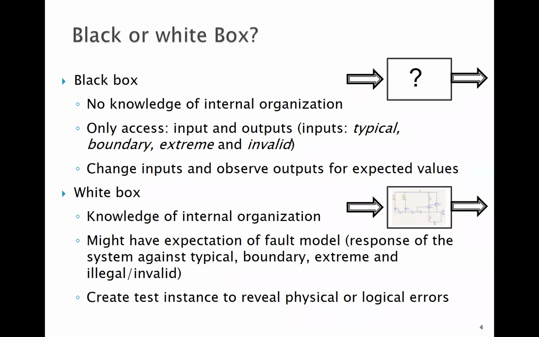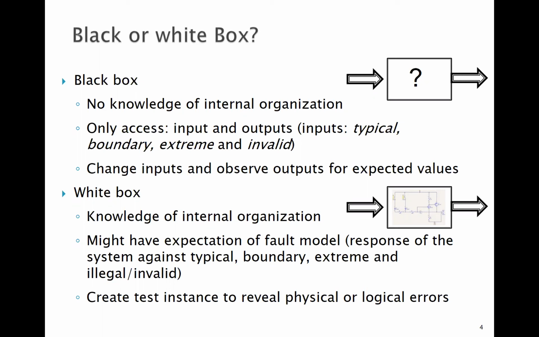So usually we are given some range of values for the inputs and values for the output. And typically the inputs could be a typical value, a boundary value, an extreme value, or an invalid value.